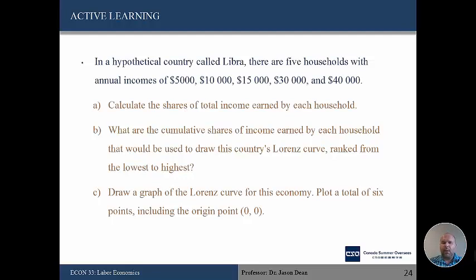We're also asked, what are the cumulative shares of income earned by each household that would be used to draw this country's Lorenz curve, ranked from the lowest to the highest? And we're asked to draw the Lorenz curve. Maybe you should pause the lecture and work this out on paper before looking at the answer.